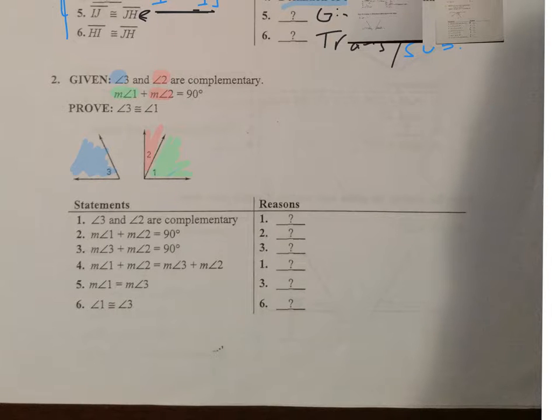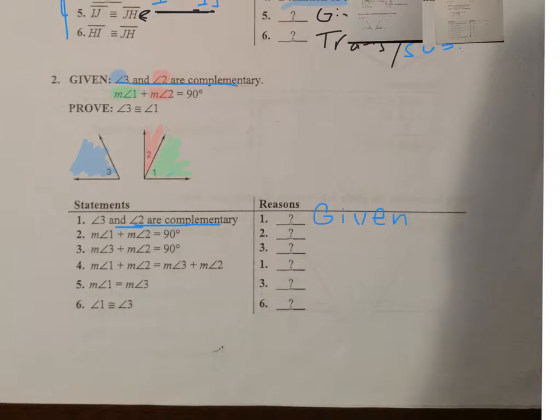We can do that as a proof. So let's just take it step by step, thinking about what rules we might use. So for our first step, we are told angle 3 and angle 2 are complementary. Well, that looks familiar because that was our first given. So for my first step, I would write given.